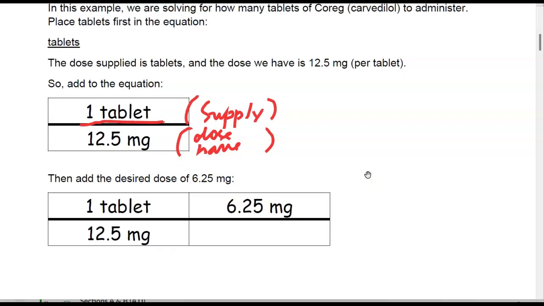We already added how it's supplied and the dose that we have. Then you multiply by 6.25, which is what you need or want.